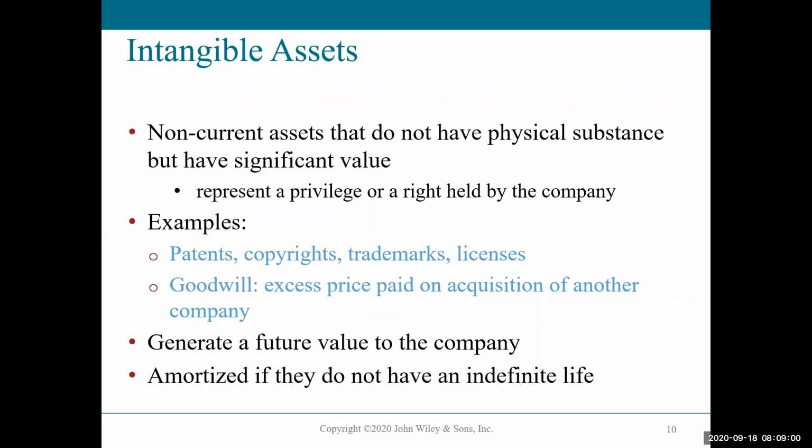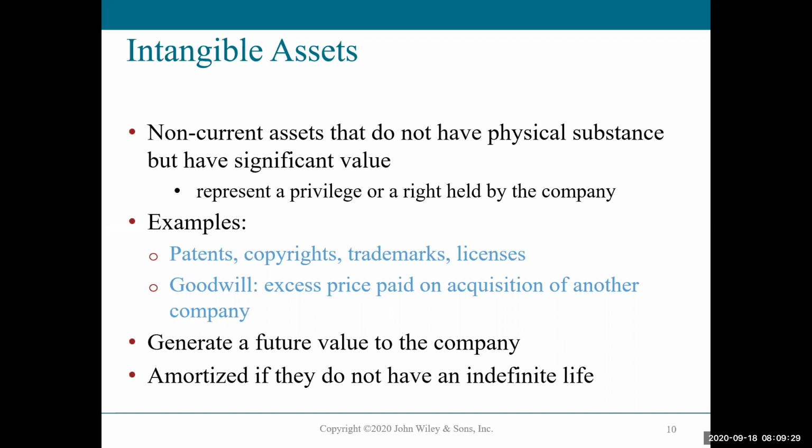So intangible assets, as we said, are also helping the business generate revenue and have a life of multiple years, but these lack physical substance. So items such as your patents, copyrights, trademarks, and licenses are all considered intangible assets. Now, intangible assets can have a definite life or may not have one.